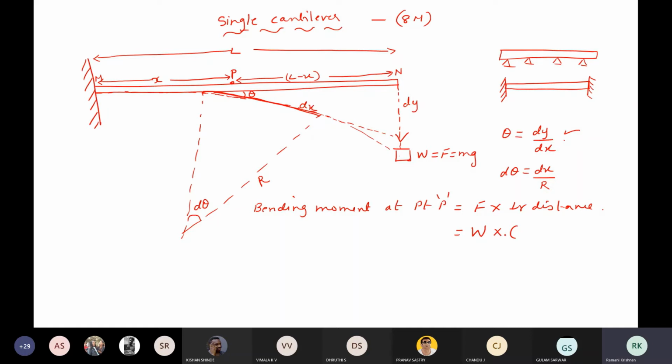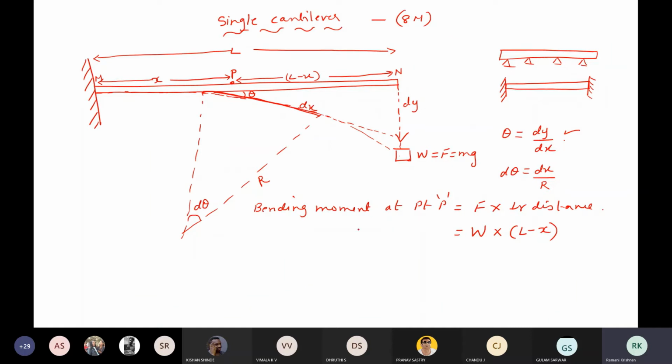So W into what is the perpendicular distance? L minus x. Very good. So the bending moment at point P is force into perpendicular distance. Force is W, and the perpendicular distance is L minus x.